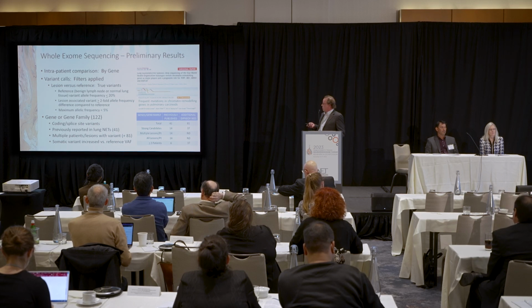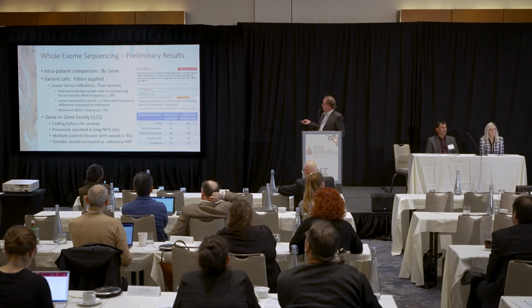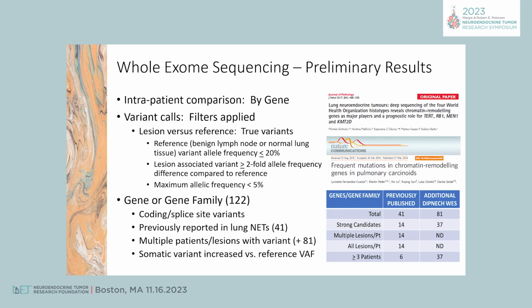To narrow that down for today's purposes, I used some previously published genes that have been associated with alterations in lung neuroendocrine tumors, and then if we found a particular gene, we'd see if other patients had variants in that gene also. Using that technique, we have about 122 variants, and we thought about 50 of them were strong candidates.